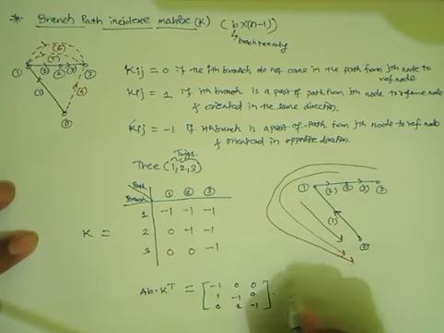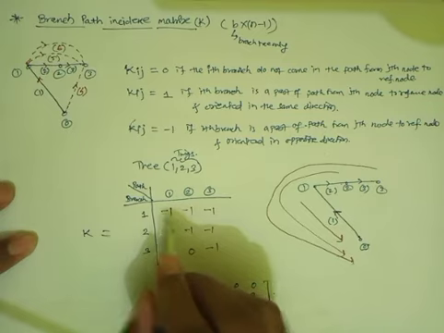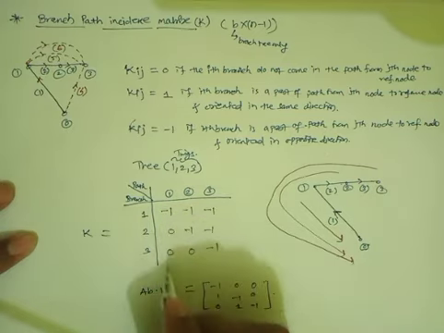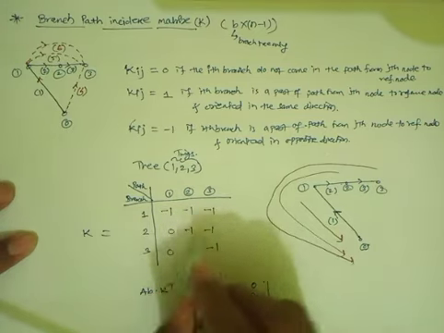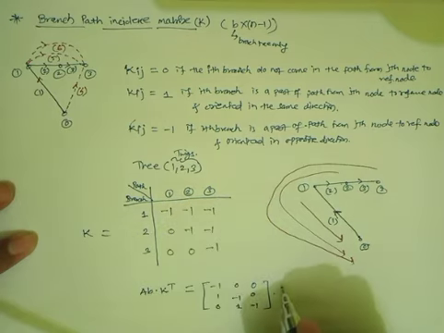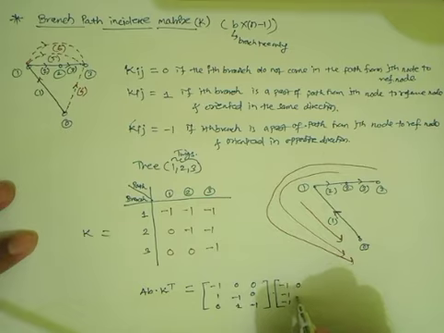For K transpose, we simply write each row as a column, first row as first column, second row as second column, so K transpose is -1 -1 -1, 0 -1 -1, 0 0 -1.